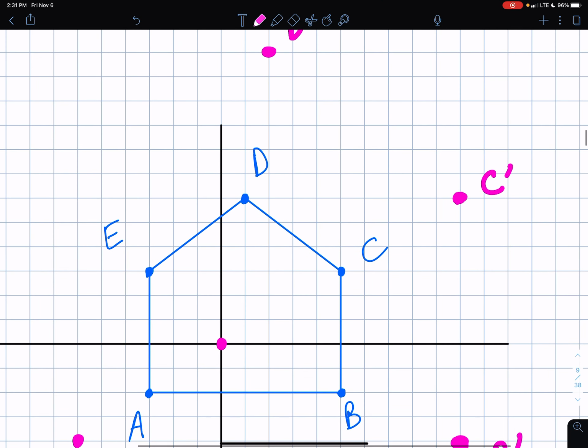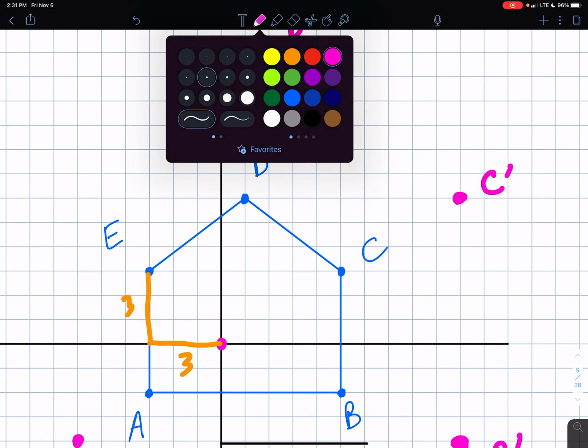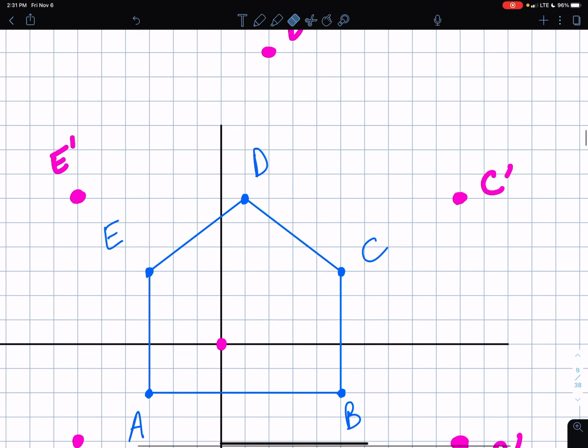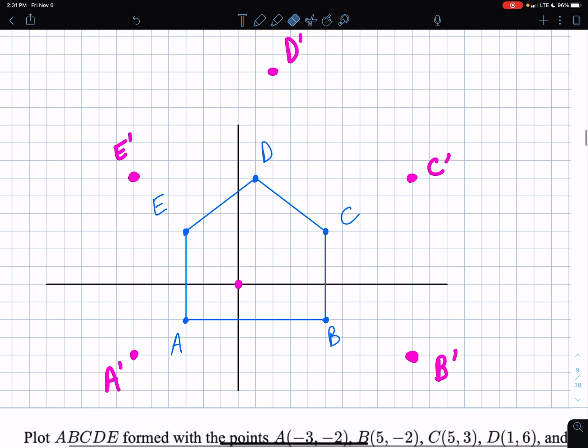And then the last one is E. So over 3, up 3 to get to E. And so we'll want to double that. And so we'll go over 6, up 6. And there's our E prime. Again, I can clean this up. And now that I've done it for all 5 original points, right? Now look, I can connect these dots.